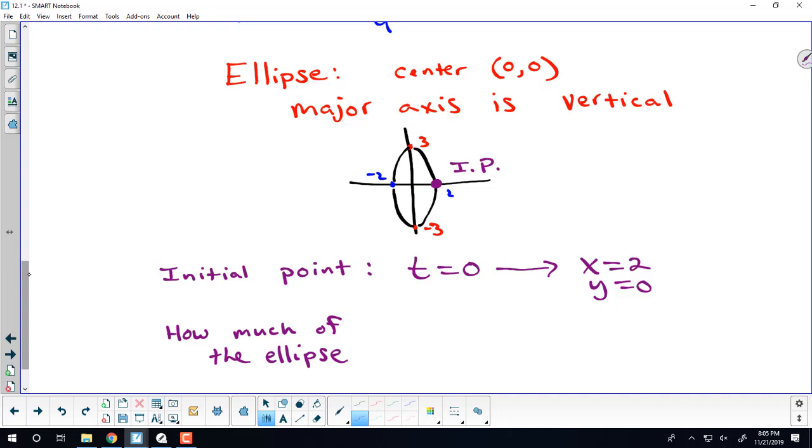If T ranges from 0 to pi, it's just half of it, right? Yeah. If T ranges from 0 to pi, then again, what we're looking at is the cosine of 0, sine of 0, and at the end, cosine of pi, sine of pi. So it's just going to give us half of the ellipse.